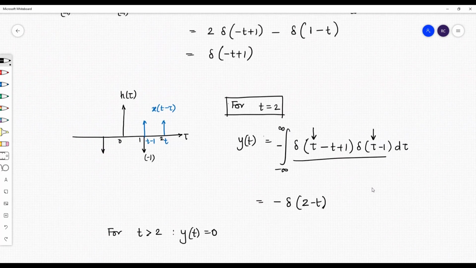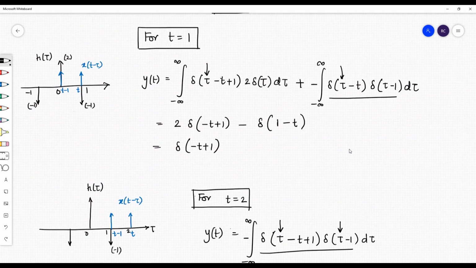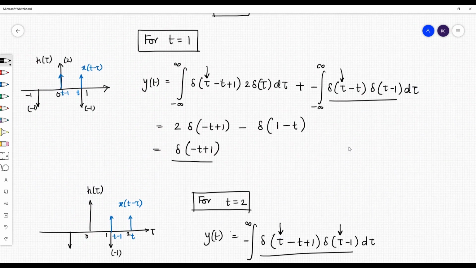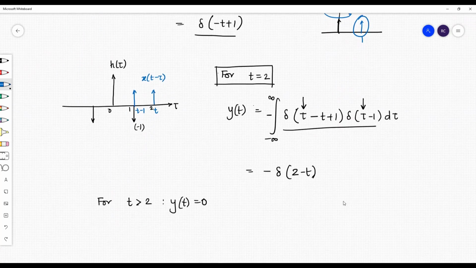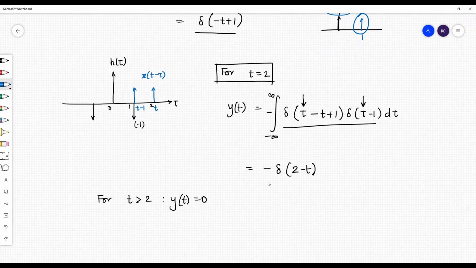At t equal to 1, we have an impulse delta minus t plus 1. So let's figure out how this looks. So you had an impulse at 0, then you shift it by minus 1, like you shift it to the left side, and then you reflect it. That means you've got an impulse here. Okay, so at t equal to 1, you've got an impulse of strength 1.